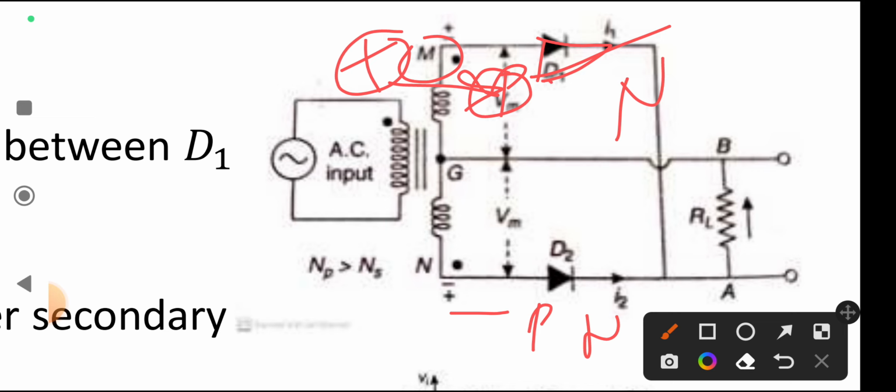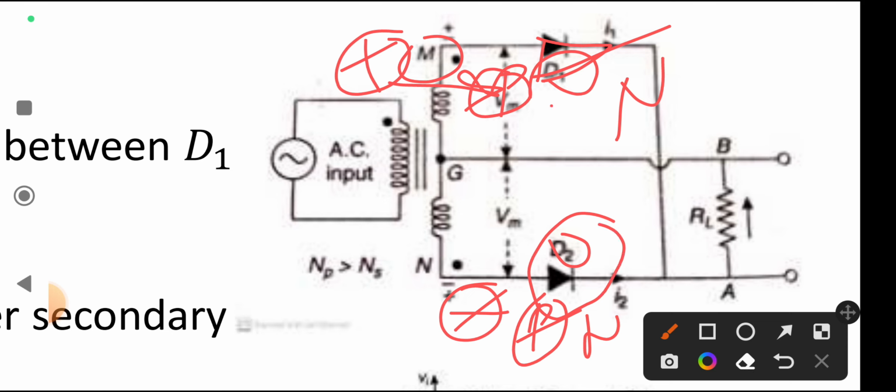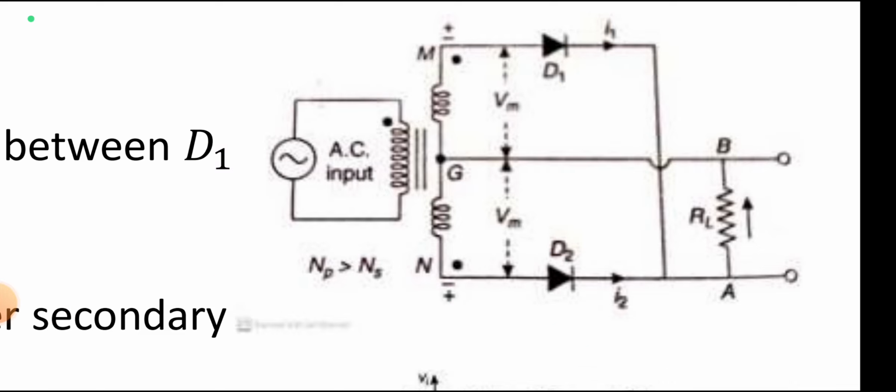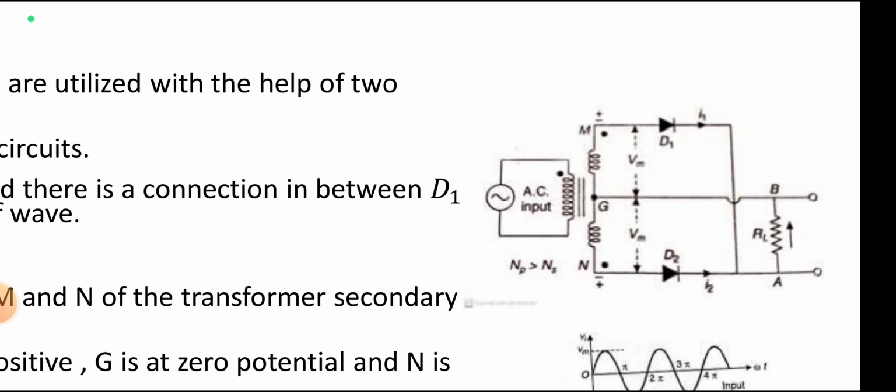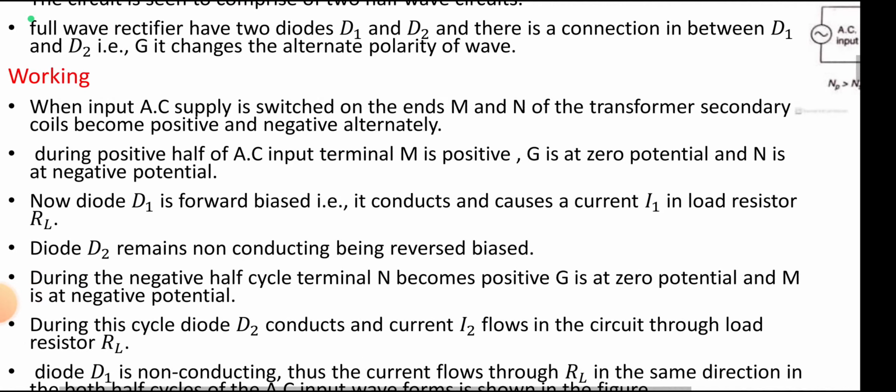In diode D2, the p side is connected to the negative terminal; negative to positive becomes reverse biased. So diode D2 is reverse biased and diode D1 is forward biased during the positive half cycle only. Then current, or voltage, will be present at RL.